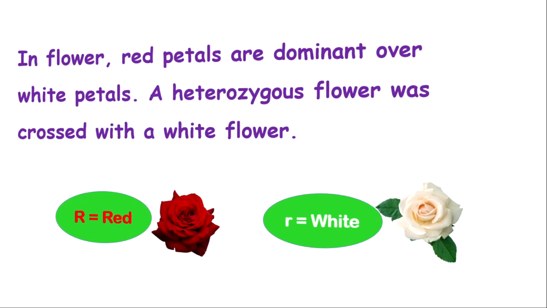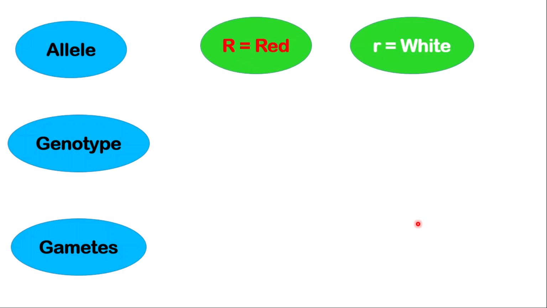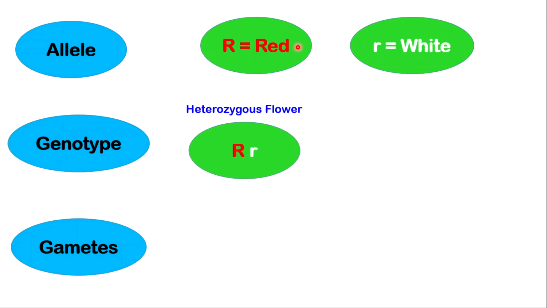All right, let's go into it now by the detailed steps. The first thing we determine is our allele. Red is represented by the dominant trait, so it's uppercase R, and white is a recessive trait, so that is represented with a lowercase r. The genotype is how we combine these. Remember the question states that one flower is heterozygous, so the heterozygous flower must have an uppercase R and a lowercase r.